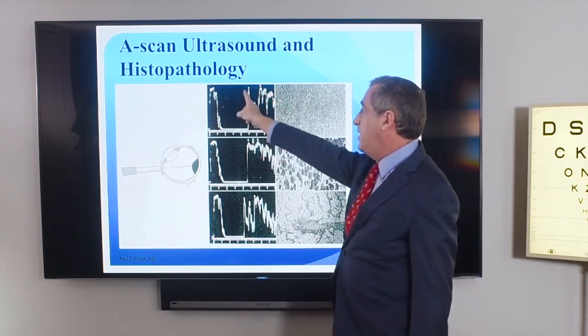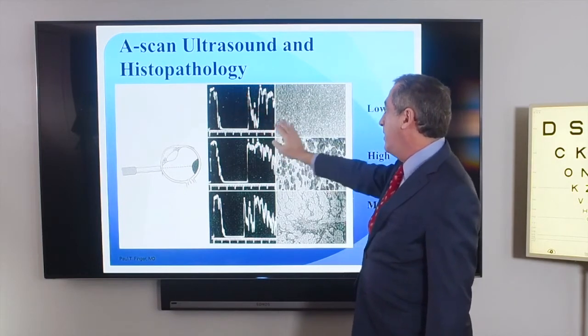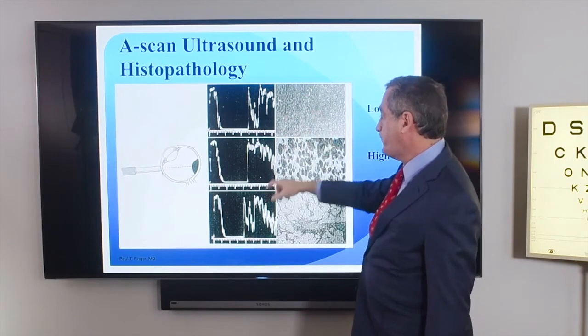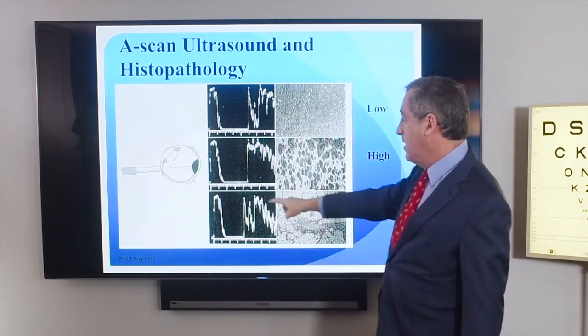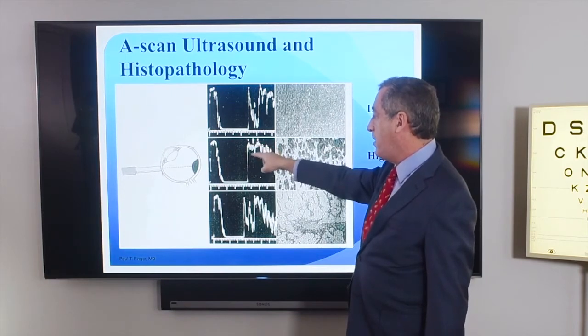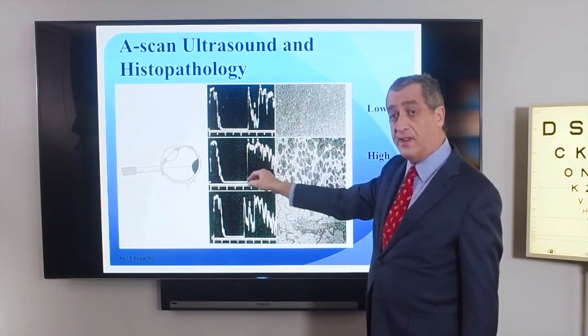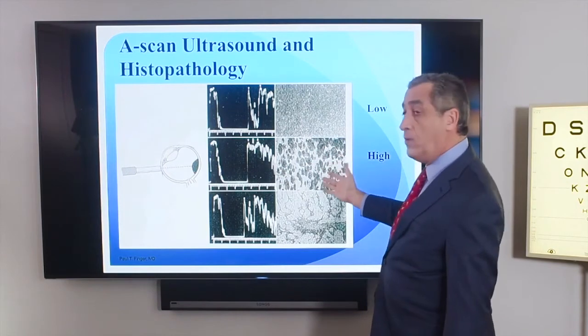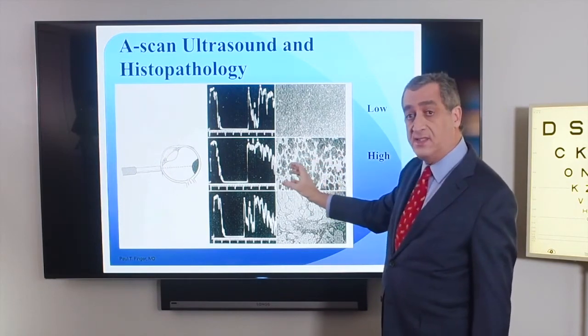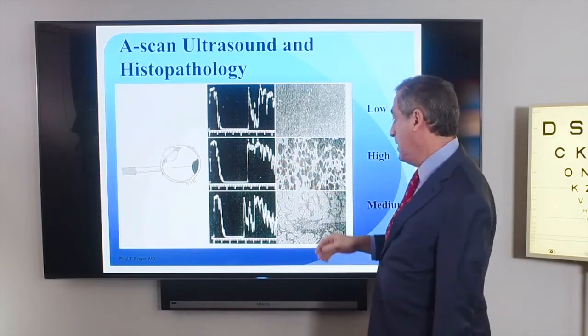In this case, we see a 45-degree angle going down and a very homogeneous tumor. That's melanoma. In contrast, this A scan, we go to the tumor apex and the sclera, and it's very high internal reflectivity. That's consistent with choroidal hemangioma, where there's a lot of vascular spaces in the tumor for reflections.